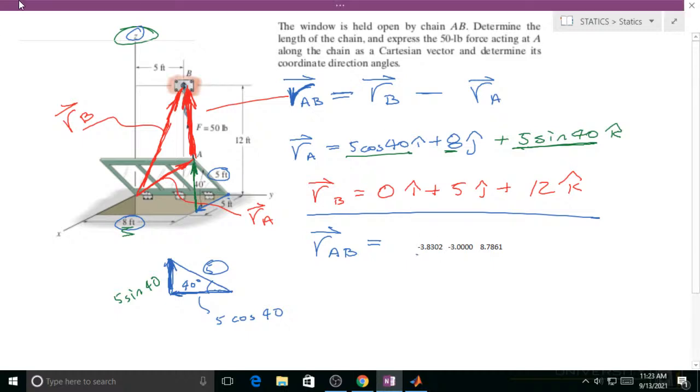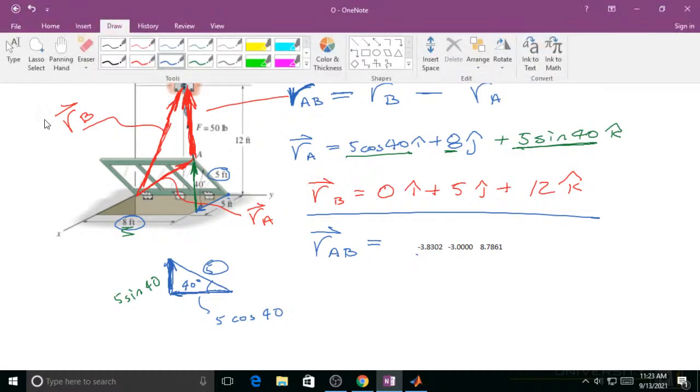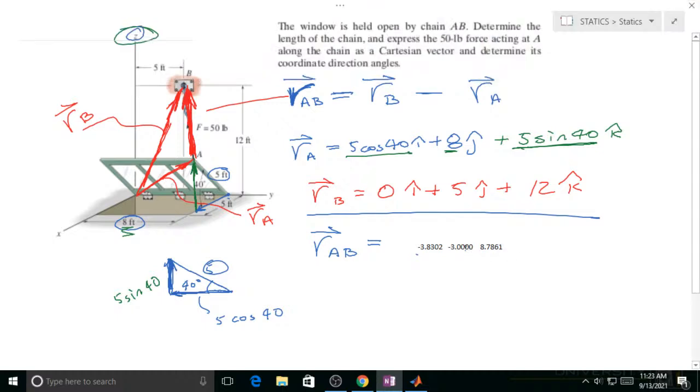I know how to do it at the house, but I'm not sure I know how to do it here. You know what I'll do? Well, I guess I won't do that. I'll just say minus 3.83i minus 3j plus 8.786k. That was supposed to be a j, by the way, and that's supposed to be a k.